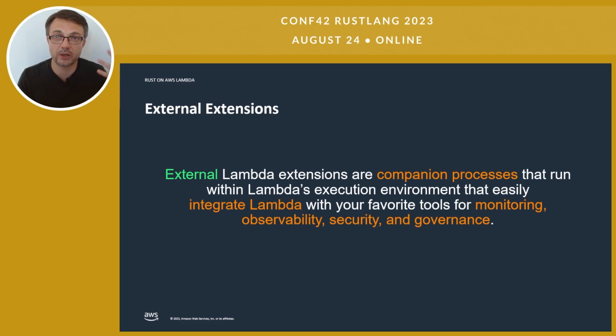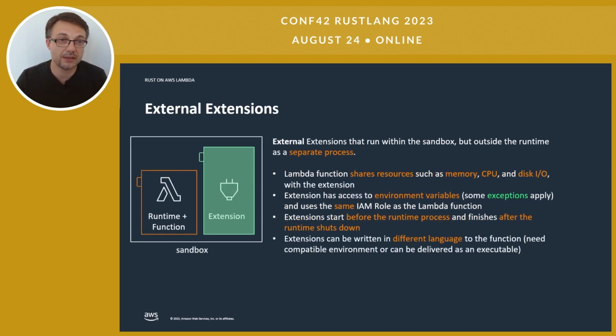Usually you can query different parameters from your Lambda runtime, or you can use this separate process for monitoring, observability, and security. One important thing here is that this external extension still shares the same runtime environment, and that means it shares resources like memory, CPU, and all other things.